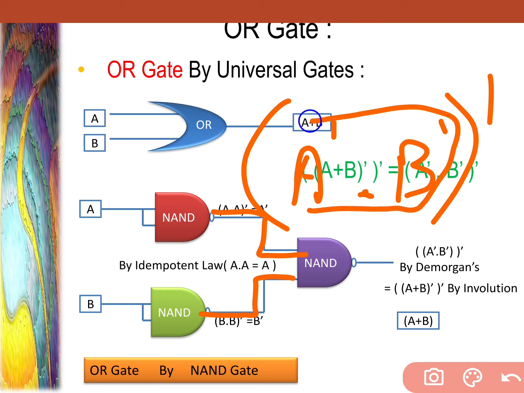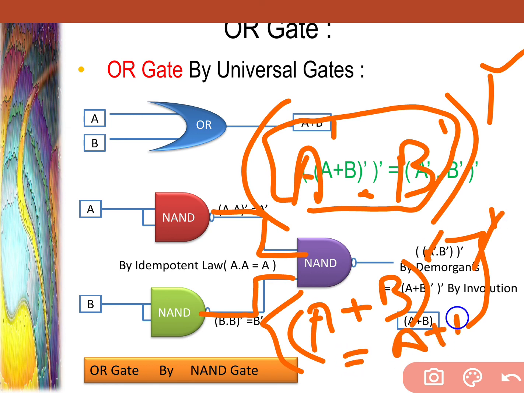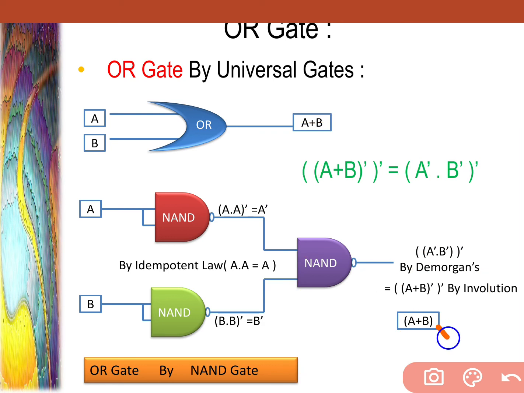This one is De Morgan's law, meaning A plus B whole dash, then again we are having one more dash. See here, dash dash will be cancelled and we are getting A plus B. See, I had written here with the laws also. I had already mentioned the laws, when we are using involution, when we are using De Morgan's.